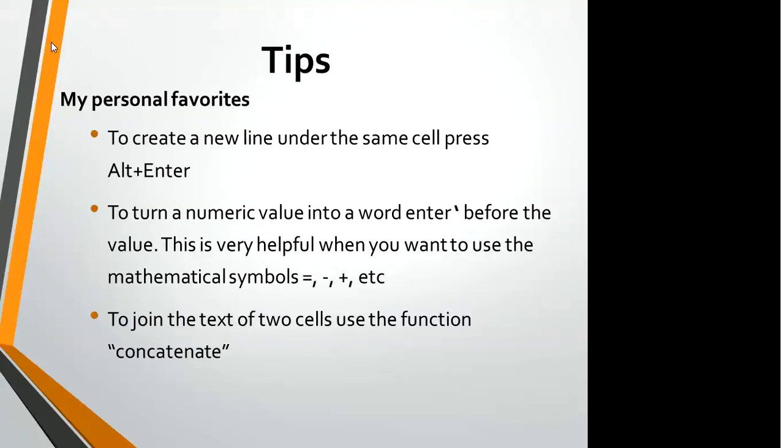And then to do the little, I just don't know the name of this thing, but this little thing so that Excel doesn't look at these values as mathematical things, but as just symbols. And then to join the 2 cells, you use the function concatenate.